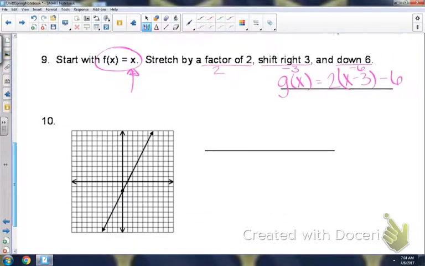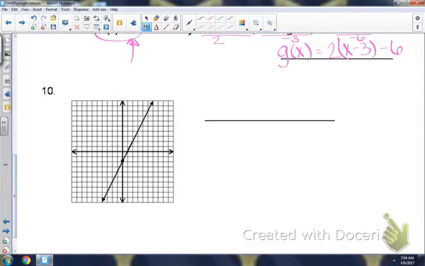Okay, so on your number 10, we have a graph. The easiest way on the linear ones is just to find your slope and your y-intercept. You could also find your transformations. So I'm just going to find m and b. Your slope, pick a point, go to the next one.